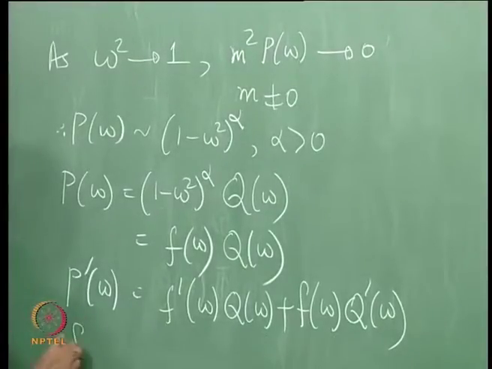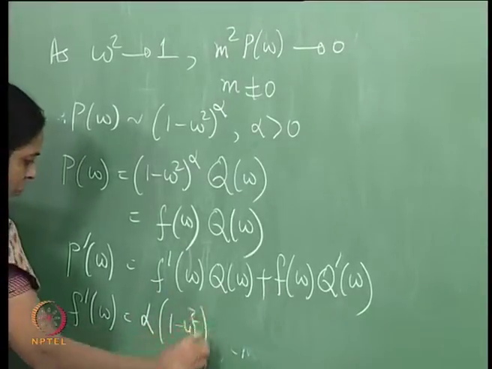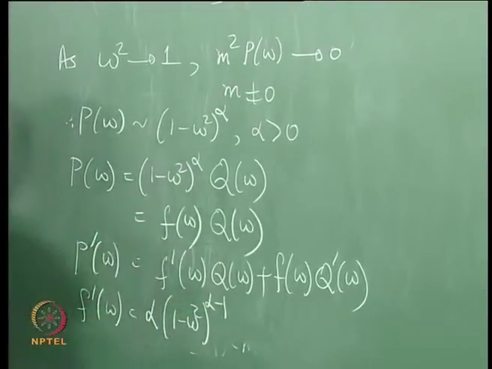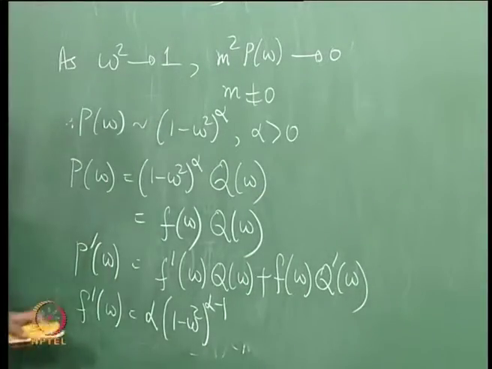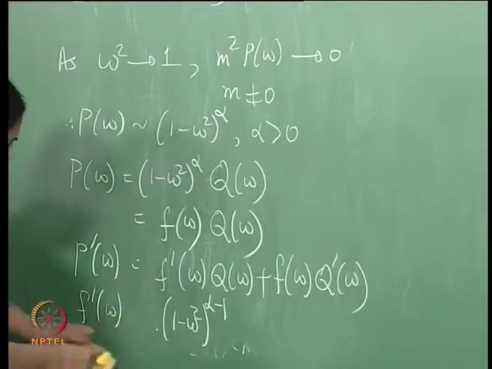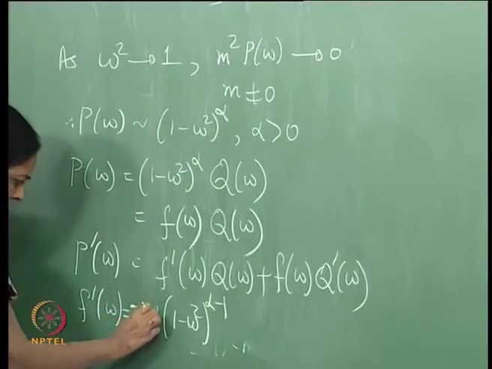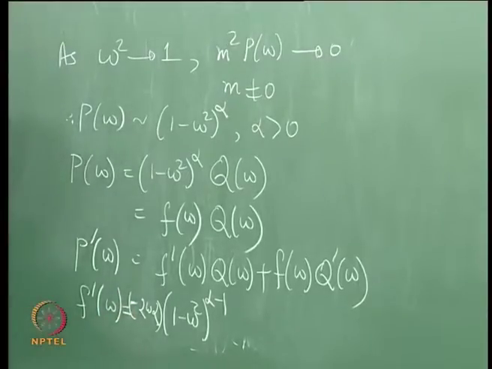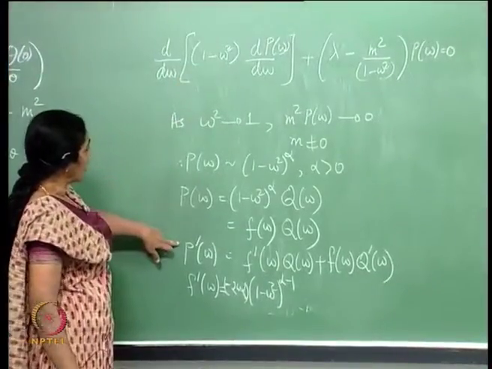So, f prime of w is alpha (1 - w^2)^(alpha - 1) times minus 2w, sorry. So, this is minus 2 w alpha (1 - w^2)^(alpha - 1). This comes from p prime of w.